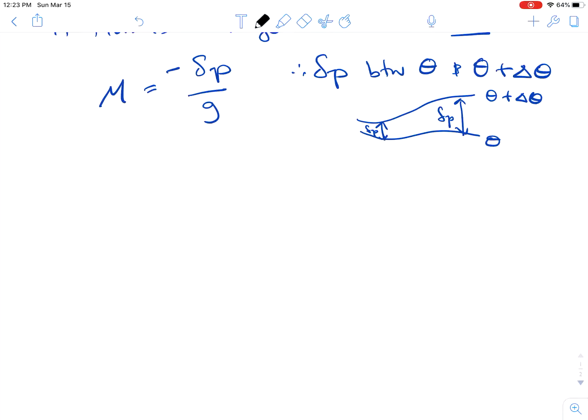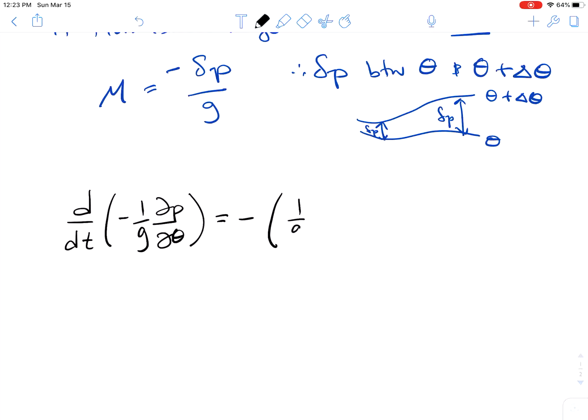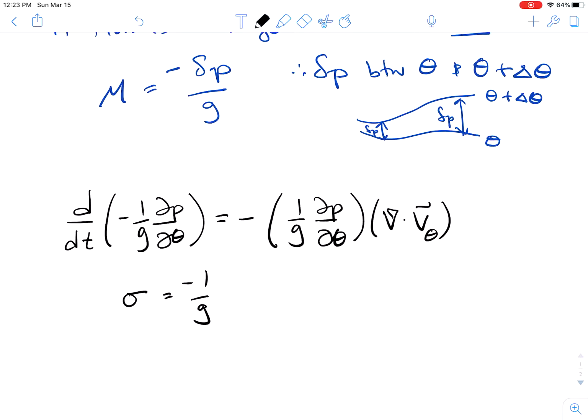Here we can say that our total time rate of change of the quantity minus 1 over g dp d theta, so basically a restatement here of the conservation of mass, is equal to minus 1 over g dp d theta times the divergence of our wind on our isentropic surface. Noting here that static stability sigma equals minus 1 over g dp d theta.